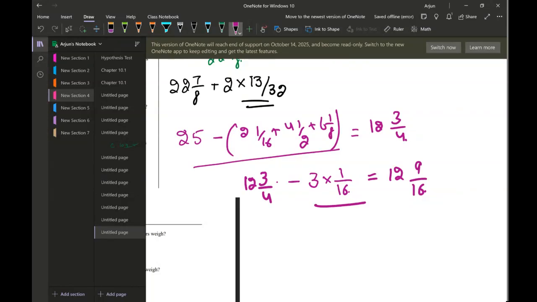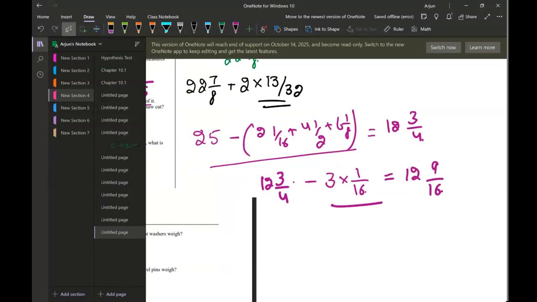Oops, I did not get this number. This number is just not in there. Let me just quickly check my calculation one more time.